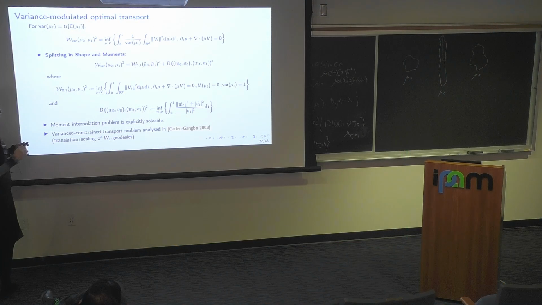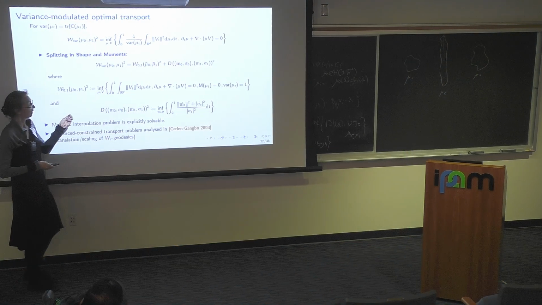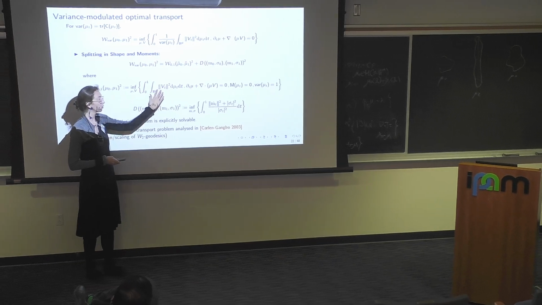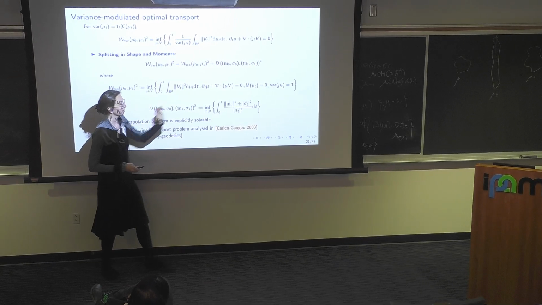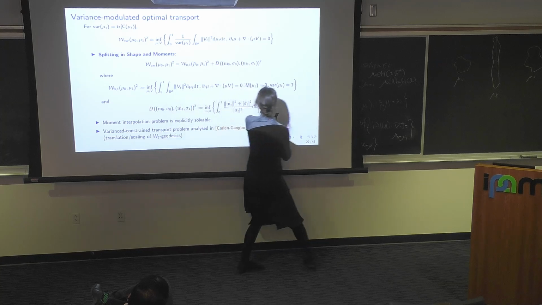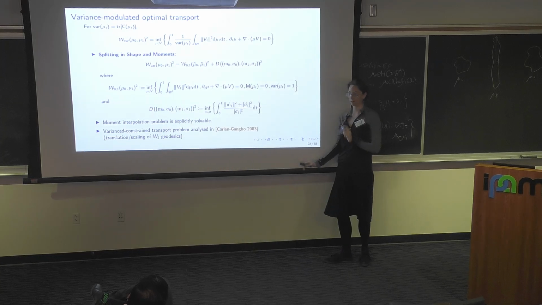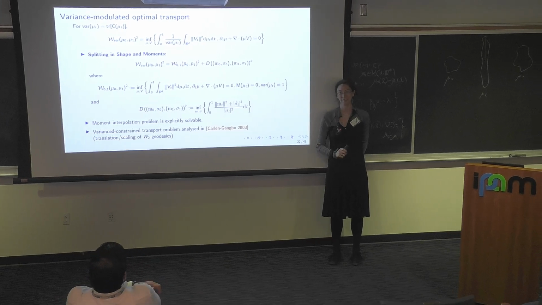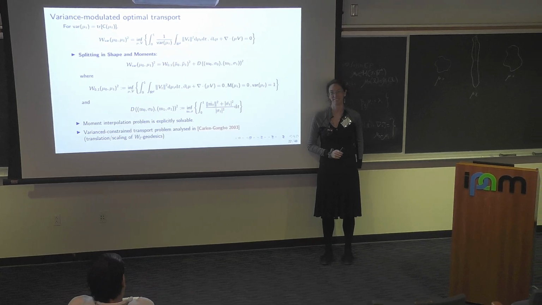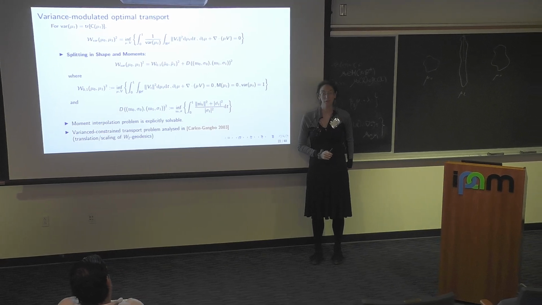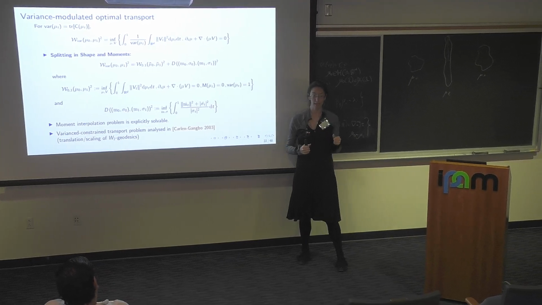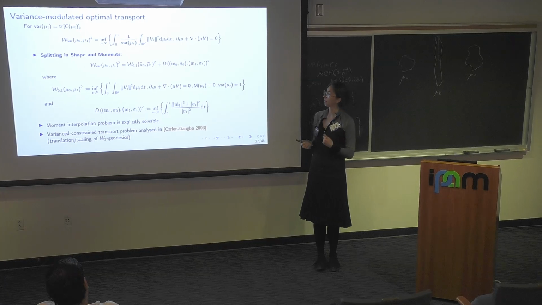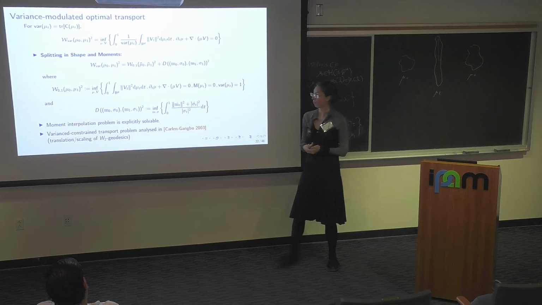And you get this constrained variance problem, which is basically saying I'm just minimizing the usual kinetic energy subject to the same PDE, but now I'm constraining the mean and I'm constraining the variance. And this metric actually is what Eric and Wilfried looked at. And what they observed, which was really nice, is this: how do you prove that geodesics exist for this metric?